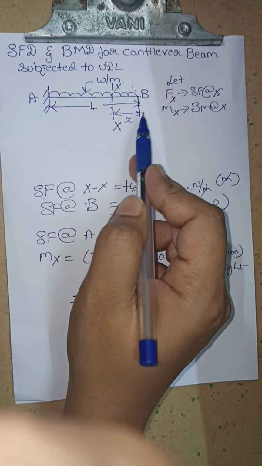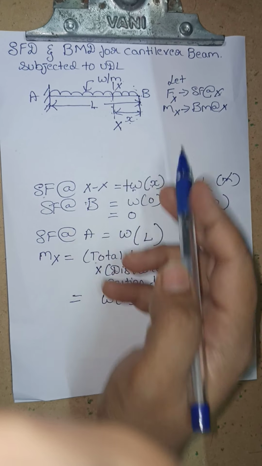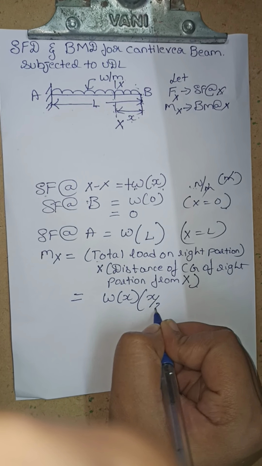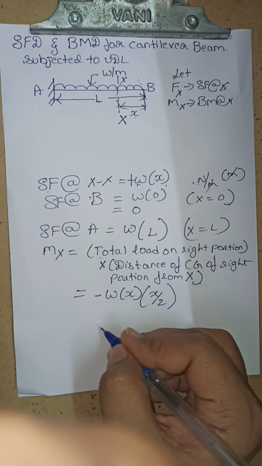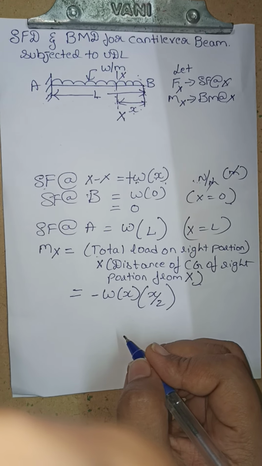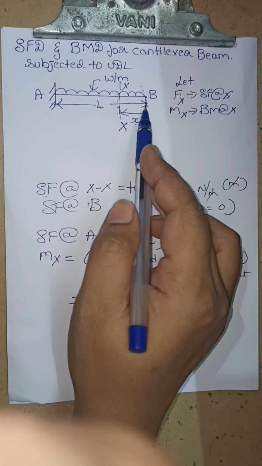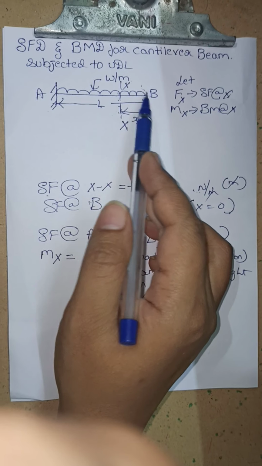The distance here is x, so half of the distance is x by 2. Therefore this is the value of the moment acting at the section X from that of B, that is load into the CG point.